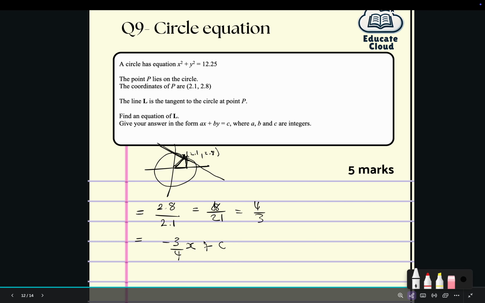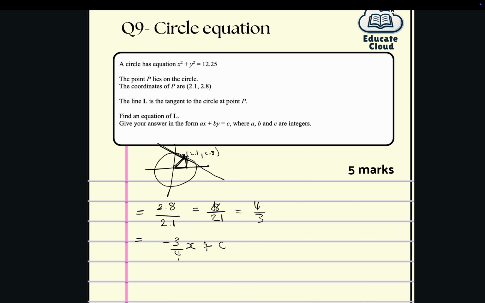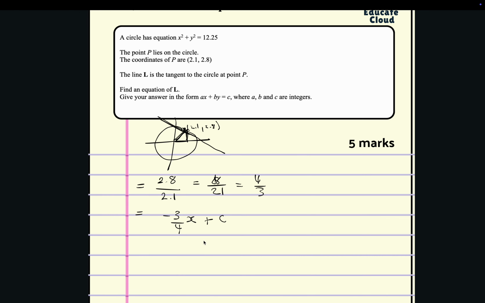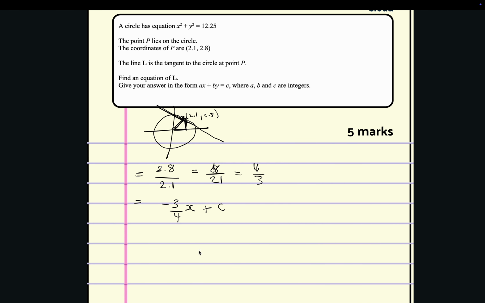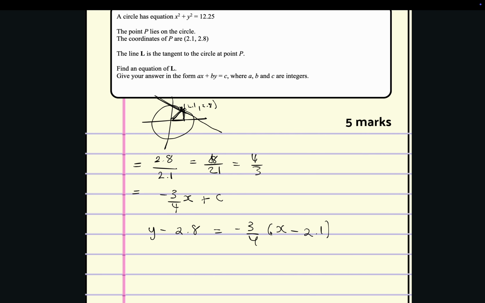x plus c. But we want the equation. So what we're going to do now is use y take away y1 equals m times x take away x1. So y take away y1, which is 2.8, is equal to minus 3/4 of x take away x1. And then we're going to multiply both sides by 4.